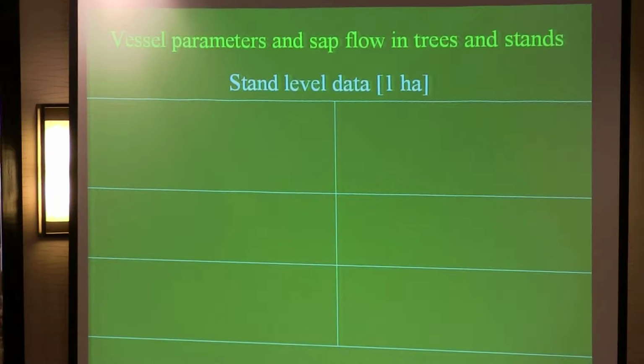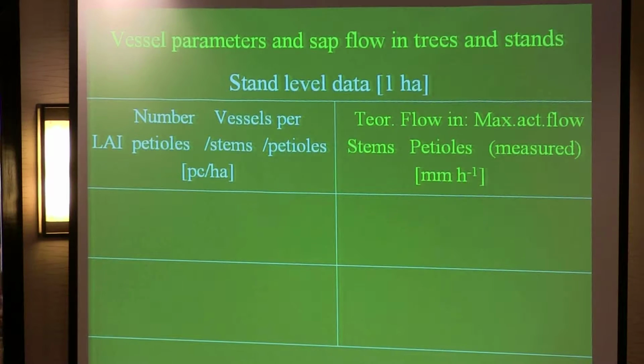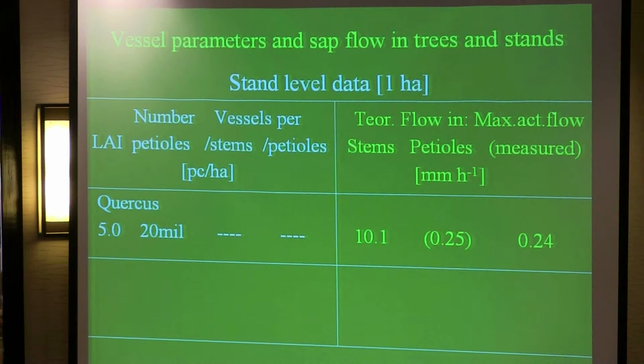And this situation is valid for both species, Laurus azorica, which is from the Canary Islands, and Quercus robur, which is from Central Europe. So two very different species growing in very different conditions have these parameters almost the same.